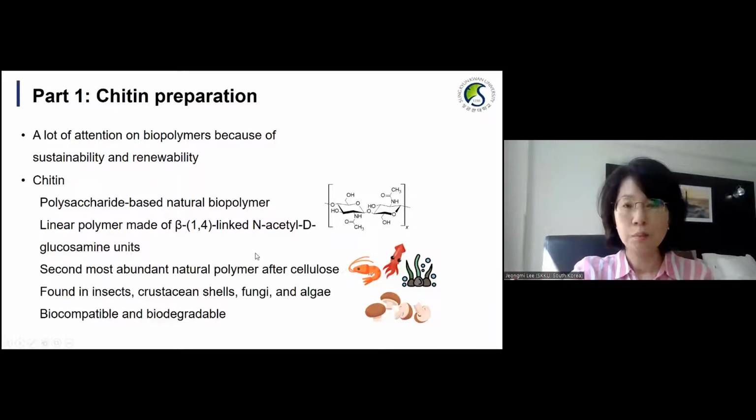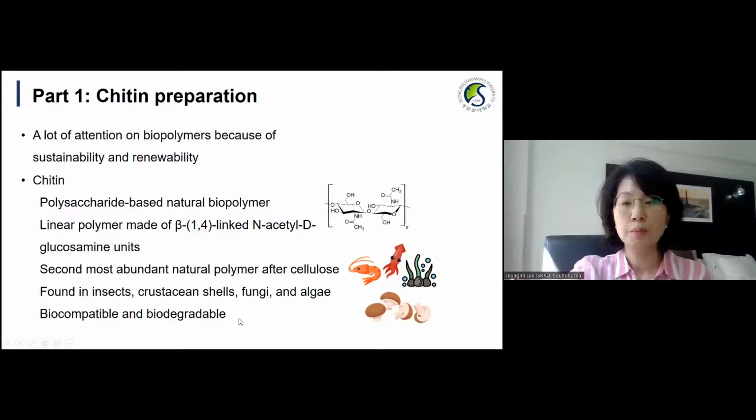It's composed of N-acetyl-D-glucosamine units, as shown here, linked through a beta-1,4 linkage. Basically, chitin is a polysaccharide-based natural biopolymer, and it's attracting a lot of interest in different fields because chitin is biocompatible and biodegradable.